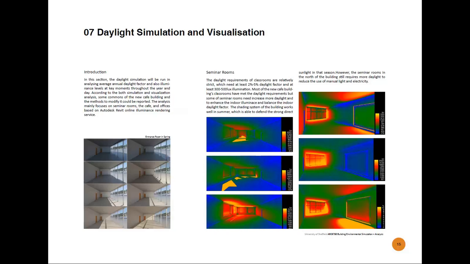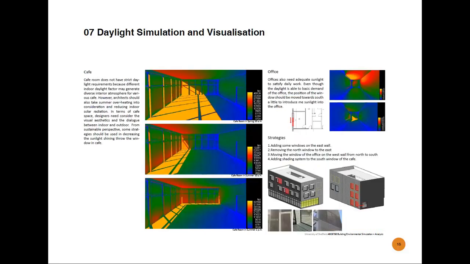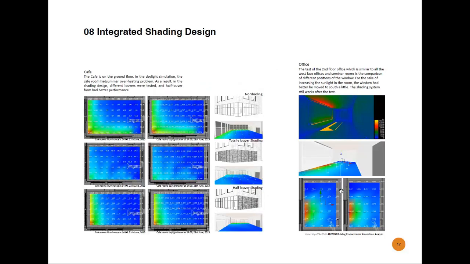Daylight simulation. So using Revit to produce daylight renders and to look at lux levels in the building. Making some changes here. So I think he actually added some windows in to try and improve the daylight distribution.